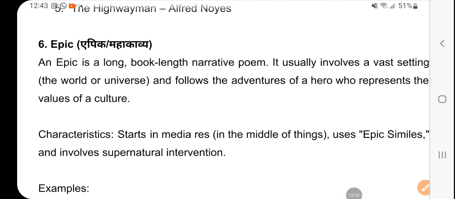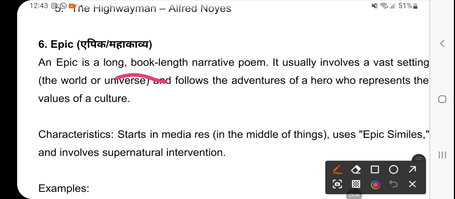Now, epic. Epic: Mahabharat, Ramayana, Puran, Bhagavad Gita, Quran, Bible. These are epics. An epic is a long book, a long book-length narrative poem.